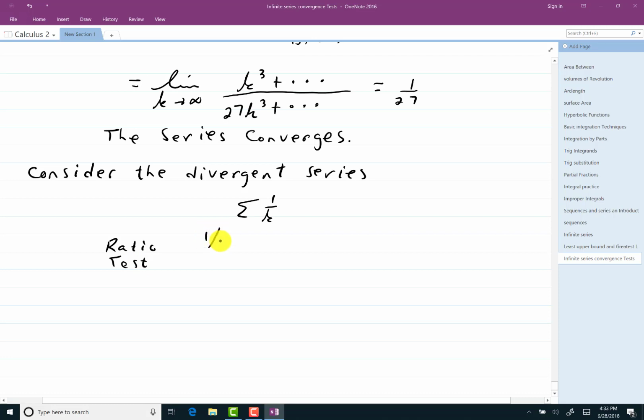I would do 1 over k plus 1 divided by 1 over k, and that'd be, and once again I keep forgetting that limit, the limit as k goes to infinity of k over k plus 1, which equals 1. So the ratio test is inconclusive.